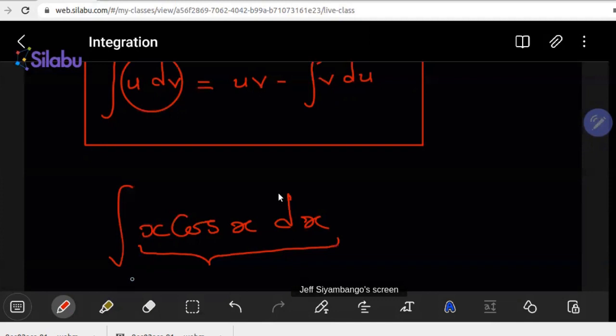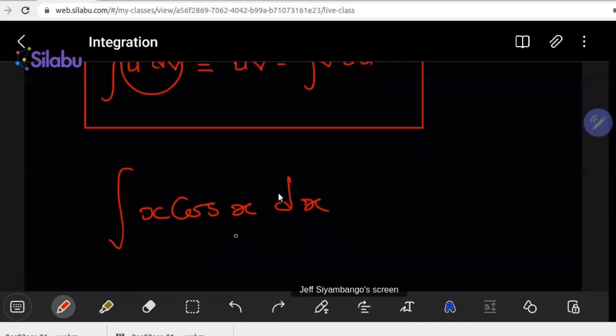Now, if you make a wrong choice, in most cases it can start taking you in circles. You might have to start integrating over and over without really reaching an answer. What I want you to always do is, if you're not very sure of the choices, pick something and integrate the first time.